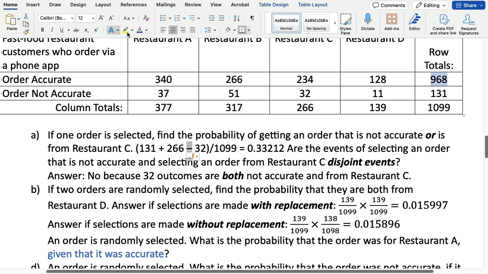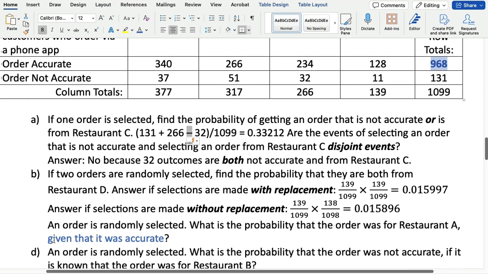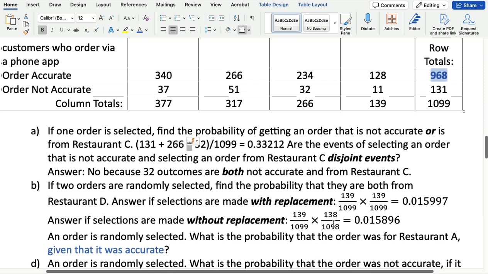The reason for that is because we're assuming that has happened. That has already occurred. That's a certainty. So we've reduced the number of possibilities from 1,099 to 968. Out of those accurate orders, what is the probability that it was for restaurant A?